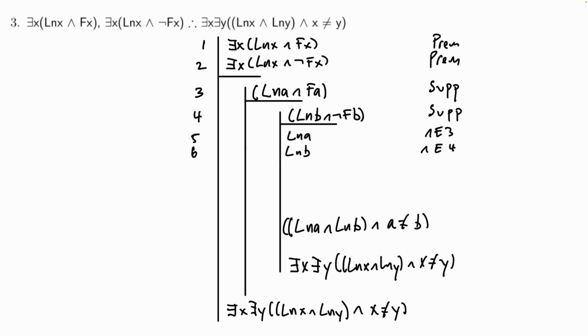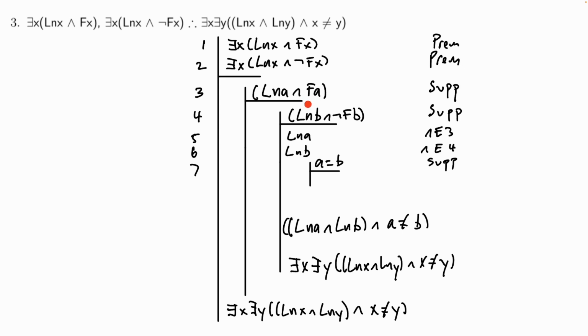Suppose A were identical to B, well, then we would get a contradiction because we have FA and not FB. So if A were identical to B, we'd have the same thing being F and not F, which can't happen. So we're going to get A is distinct from B by supposing A is identical to B and getting a contradiction.